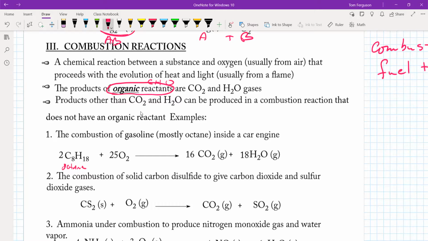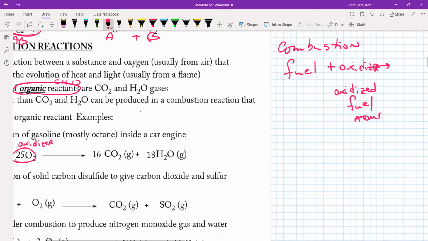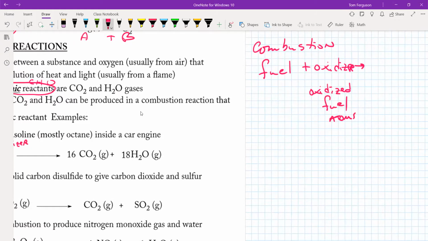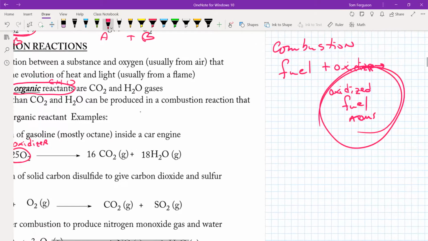That gives us what's called a saturated alkane. And we're going to react that with oxygen. So this is going to be the fuel, and this is going to be the oxidizer, and we're going to yield oxidized fuel atoms.